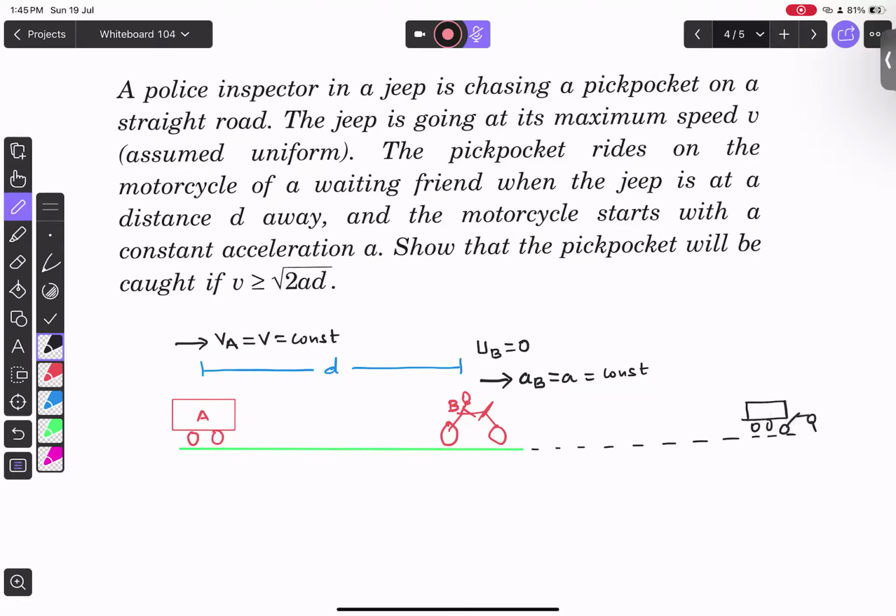So tell me how much displacement the bike has undergone in time t. At t equals 0, our police jeep is here, and at t equals 0, our bike is here.